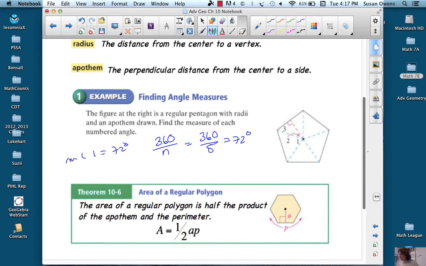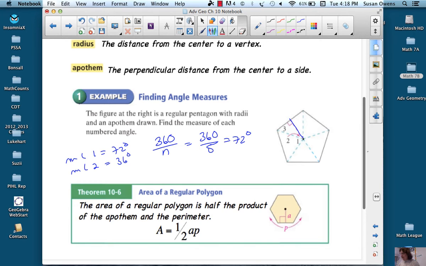And then the apothem, as long as this is a regular pentagon, is going to split this into two congruent right triangles. So angle 2 is just going to be half of that 72 degrees, so it's going to be 36 degrees. If we take a look at angle 3 and angle 2, they're going to be supplementary.